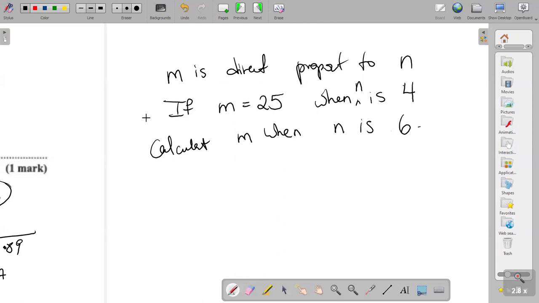Anybody calculate K yet? Anybody got the value of K? Okay, so that's one person.